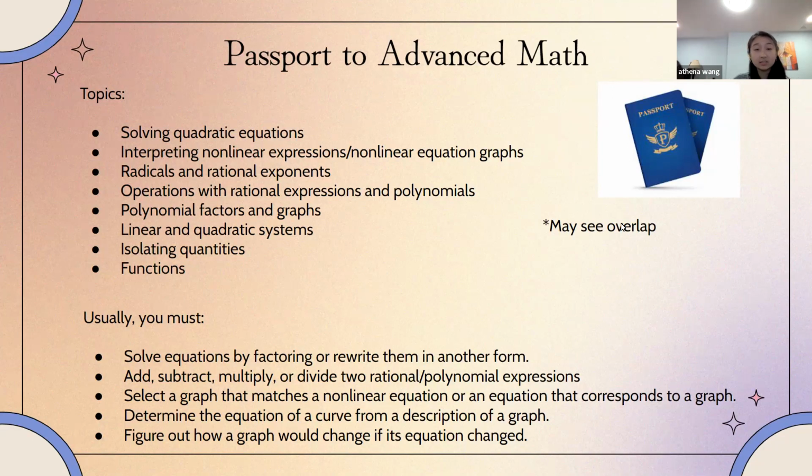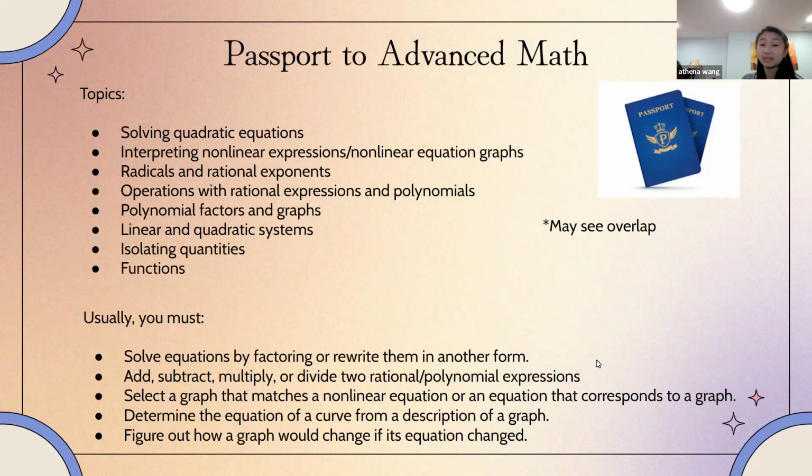And then with these topics, usually you solve these polynomials by factoring or rewriting them in a different form. Like for quadratics, you might write it in a different form. We're going to go over all of that later. And then this is what I was talking about: adding, subtracting, multiplying, or dividing two rational or polynomial expressions.